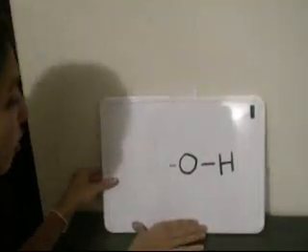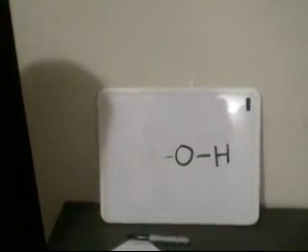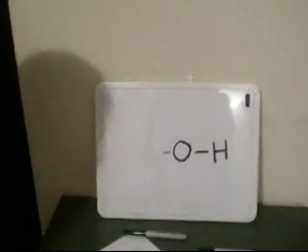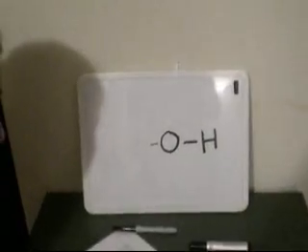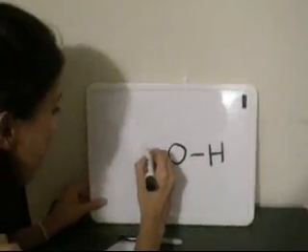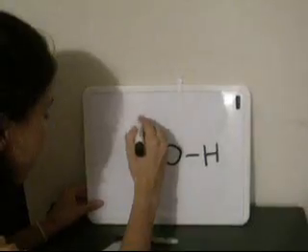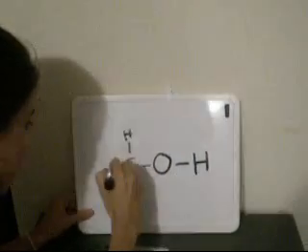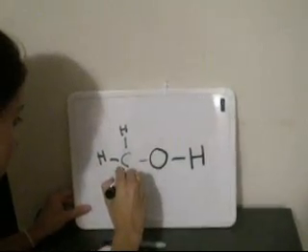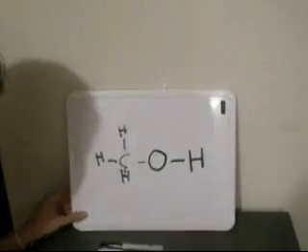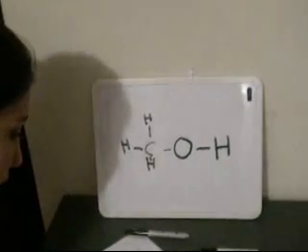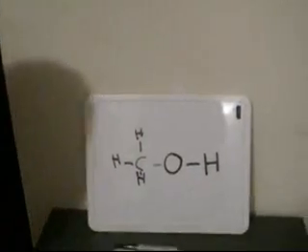So the first alcohol we're going to look at is called methyl alcohol. Methyl alcohol contains a CH3 group. So this is methyl alcohol.